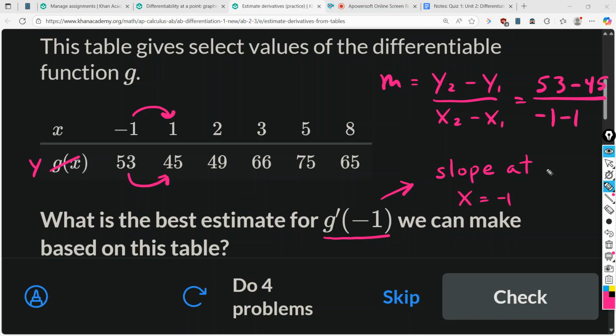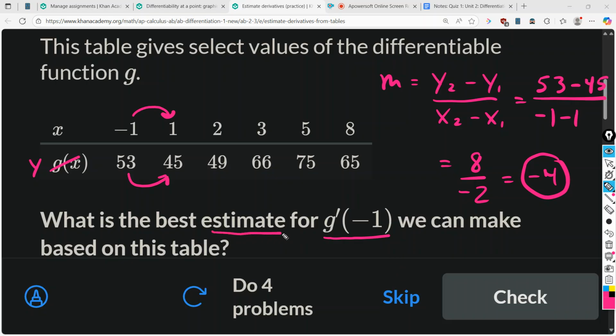All right. And let's see here. 53 minus 45. In the numerator, that is just 8. -1 minus 1 is -2. And that is just -4. Final answer. All right, pretty simple.